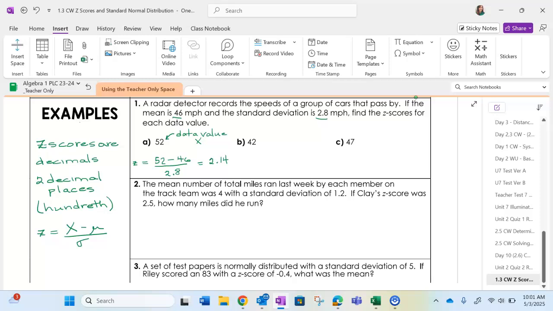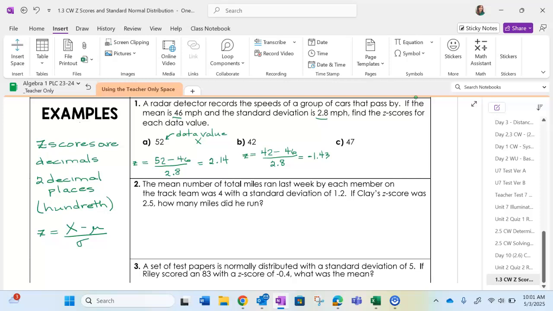All right, let's try the next one, 42. So 42 is my data value, or x. So my z equals 42 minus my mean of 46 divided by 2.8. And my answer is negative 1.43. This means it is a little bit bigger than 1 standard deviation, but it is below the mean. Okay?